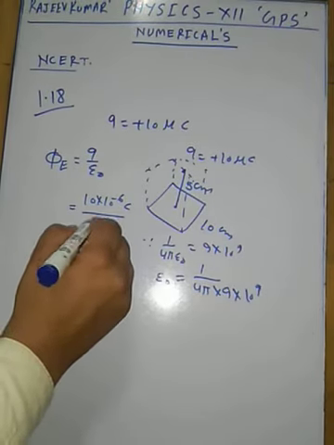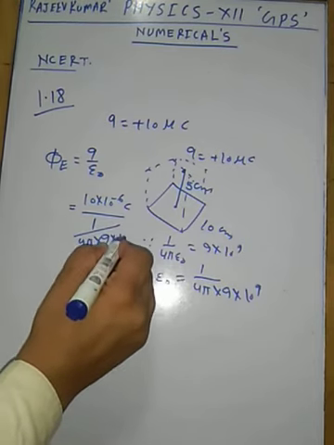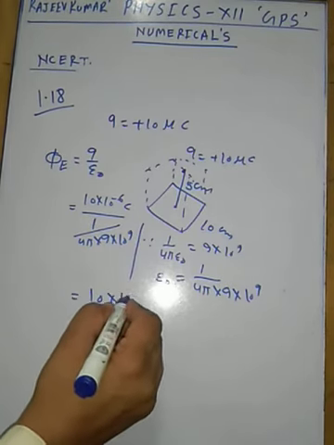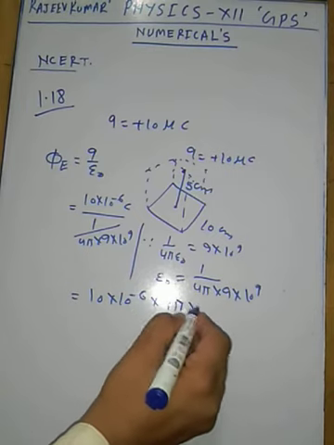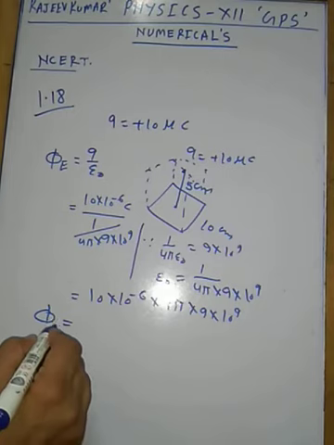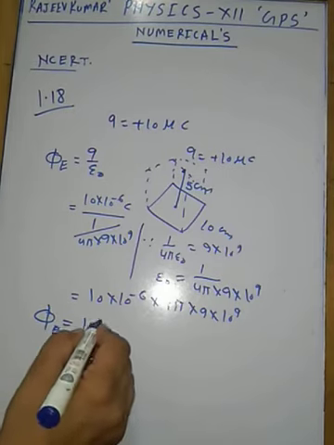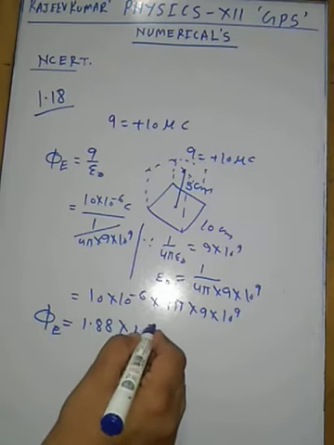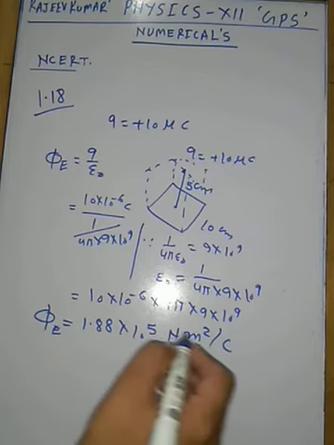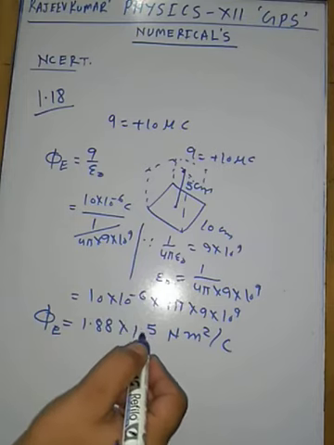While putting in this value, after simplification it will be 10 raised to the power minus 6 into 4 pi into 9 into 10 raised to the power 9. After that the value of the flux becomes 1.88 into 10 raised to the power 5 Newton meter square per coulomb. Okay, this is the total value of the flux.